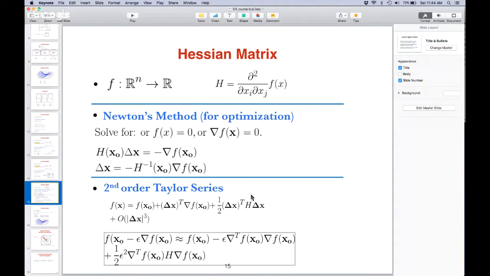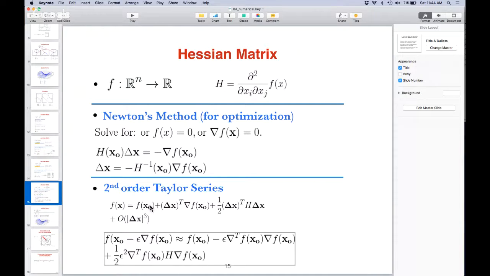So the second order Taylor series is given by this approximate formula. You might be acquainted with this Taylor series for a scalar function, and here the book gives the Taylor series for a vector input, and I've written it out here. You take the first three terms.